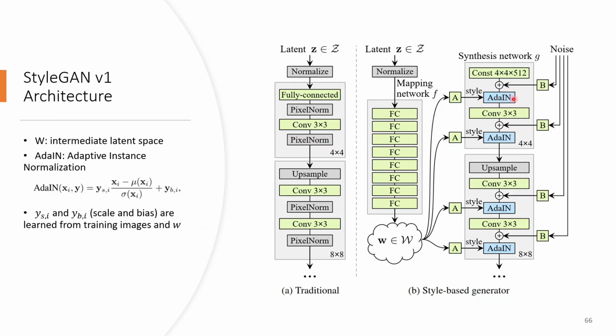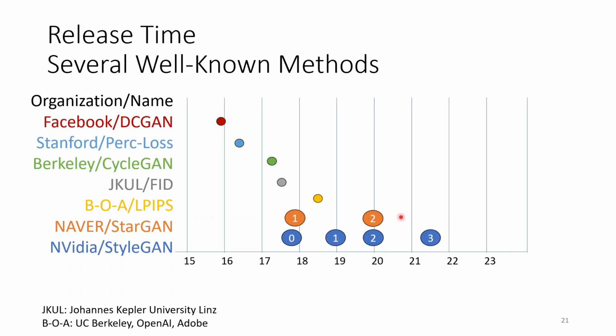I should say StyleGAN v1 was published before StyleGAN v2. So this is StyleGAN v1, and this is StyleGAN v2, which we can assume learned something from StyleGAN v1.